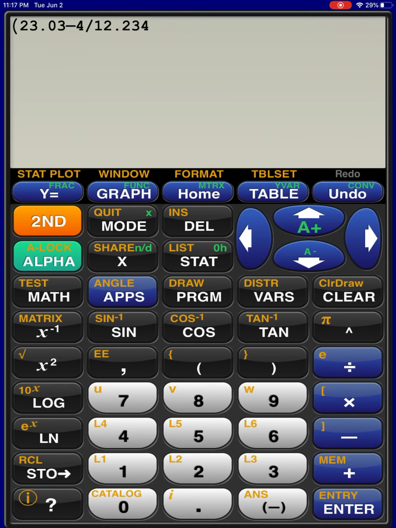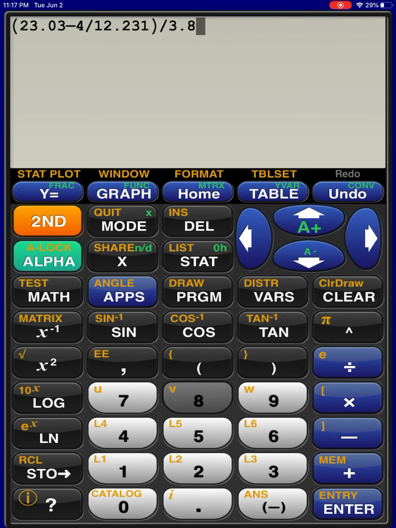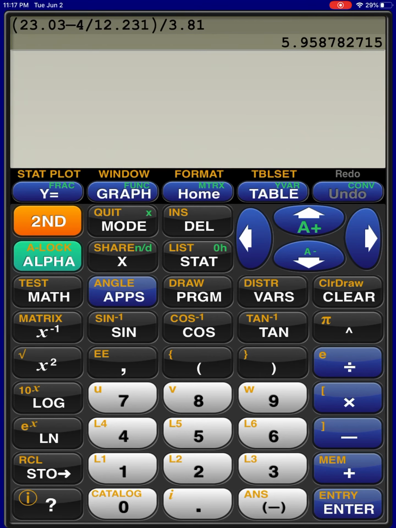I made a mistake, so I'm going to hit the delete sign, go back and then hit the delete sign, put the 0.231, close my parenthesis. That takes care of everything in the numerator divided by. Now I'm dividing by 3.81. And that gives me 5.9588.